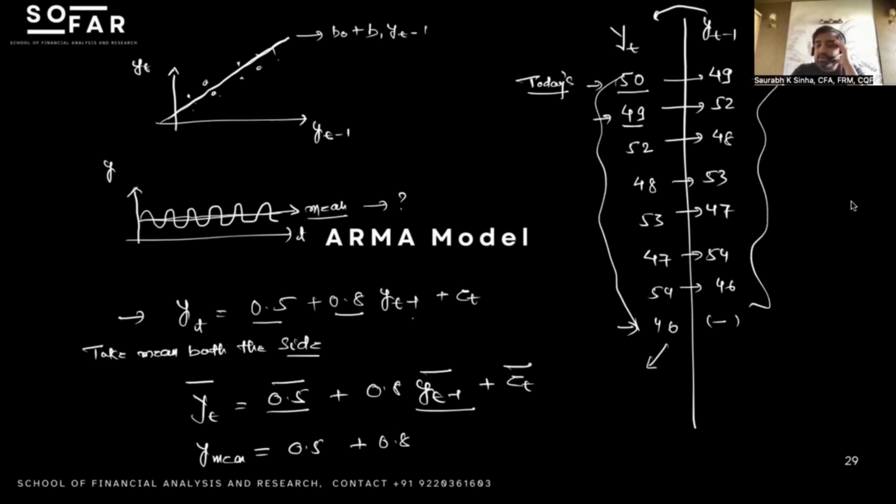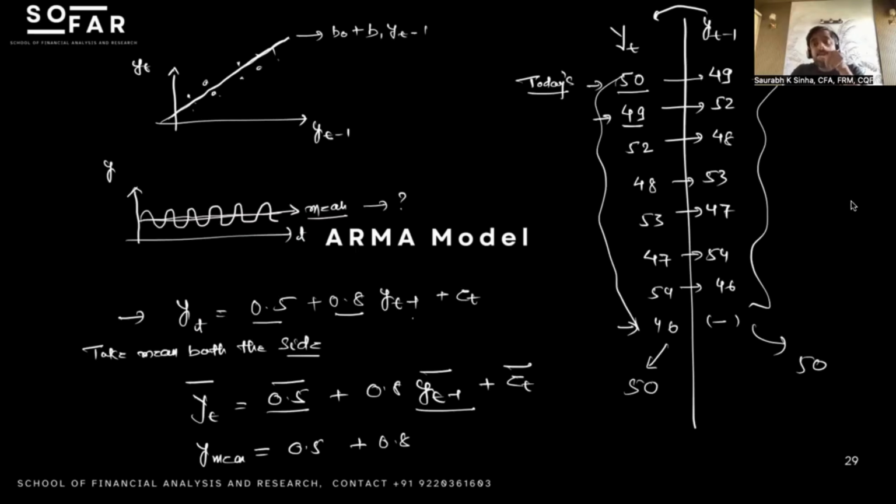Say 50, and why is it going to be the same? Because covariance stationarity has to be respected. The mean is stable and constant. If the mean is not stable and constant, you can't use the AR model.